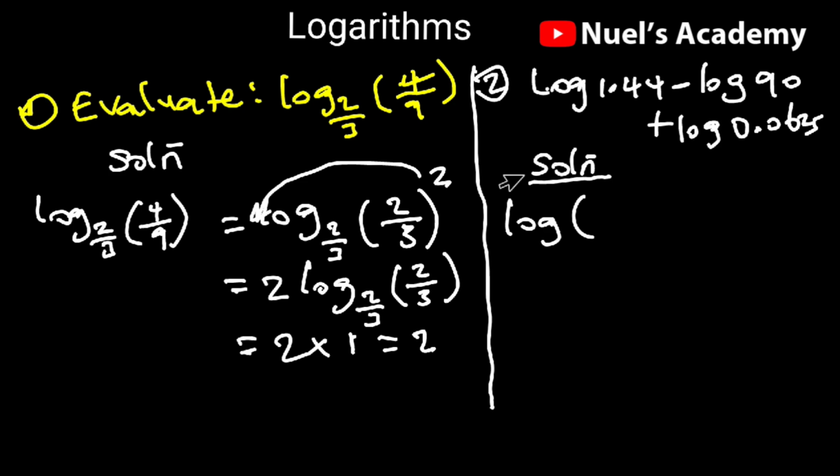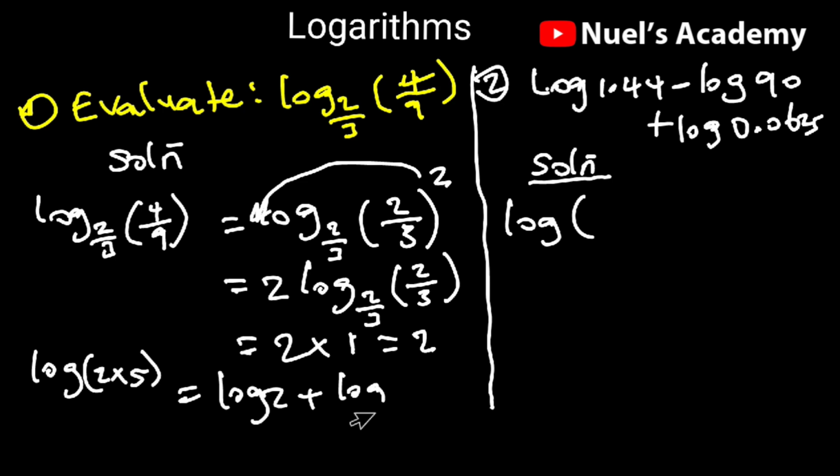So from the first law we discussed, we have that log of 2 times 5 is equal to log 2 plus log 5. Alright, so this log 1.44 plus log 0.0625 we are going to take back to this format. So what we're going to do here is to multiply 1.44 and 0.0625.